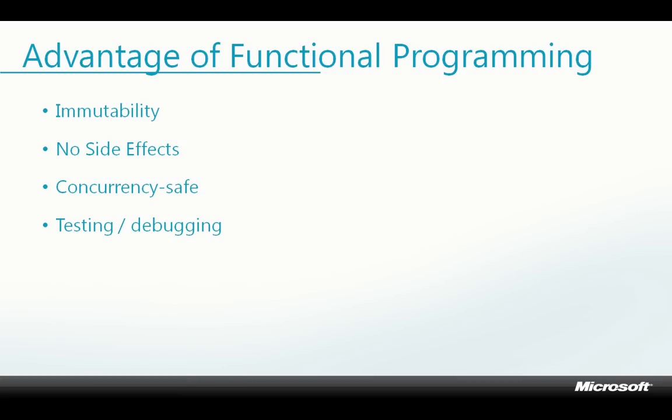Also, testing and debugging are generally easier in a functional program because you don't have to worry about side effects from other parts of the program that can make a function behave unexpectedly. And as you'll see when we start talking about syntax next, F# makes it easier to maintain the immutability that provides these advantages and harder to avoid it.